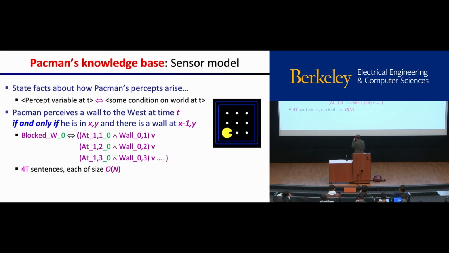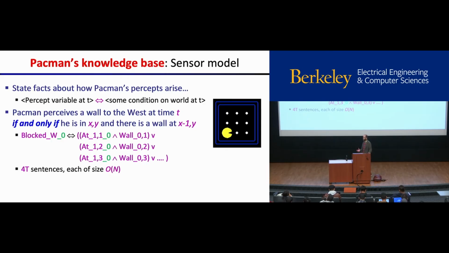What this sentence is going to allow is he's going to say at time 0, oh, I notice I'm blocked to the west. I know there are walls at all these locations. So one of these things has to be true. Okay, which is it going to be? Oh, I must be on the left edge.